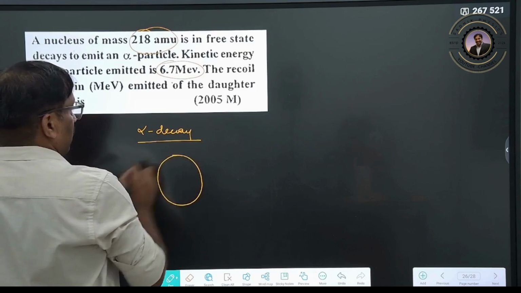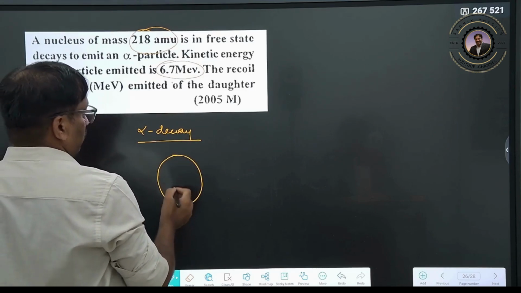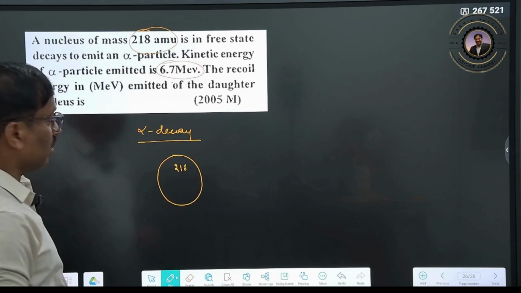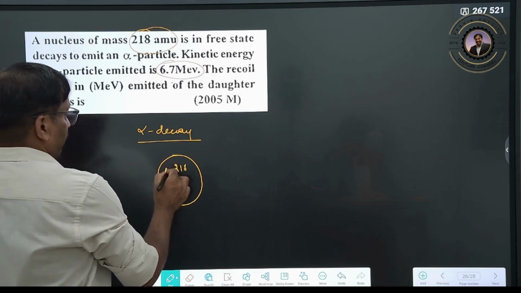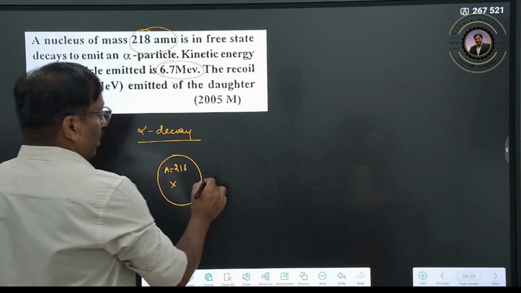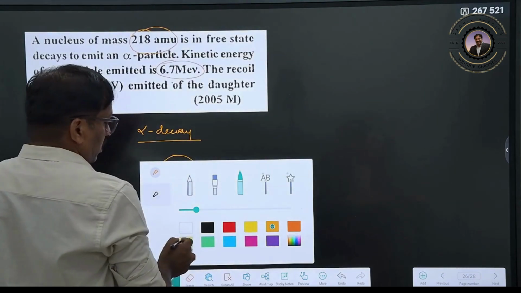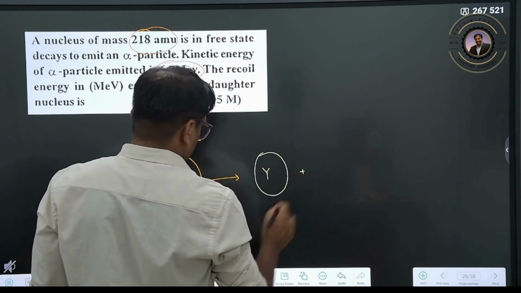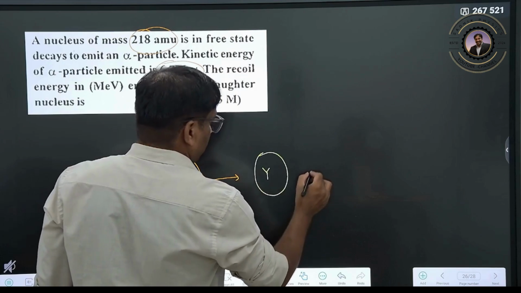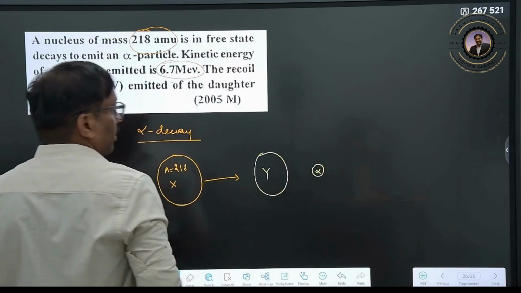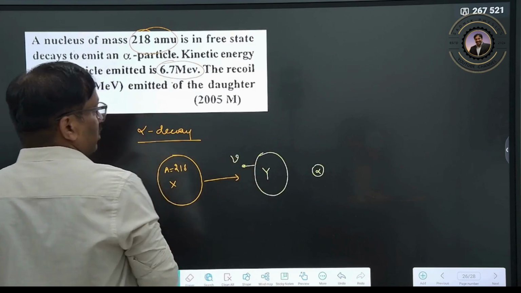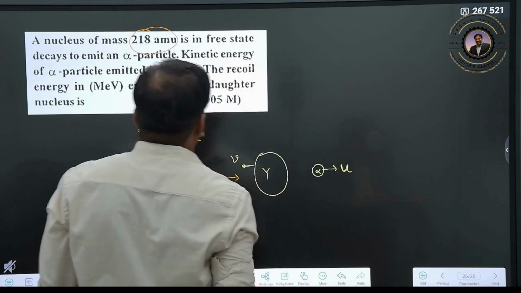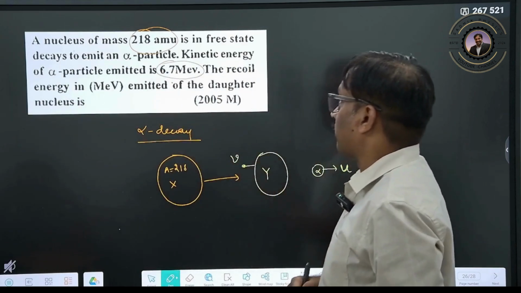There is a nucleus of mass 218 AMU, say some element X. This X element splits into two parts: one is a Y element, plus another much smaller element, the alpha. The daughter nucleus has some recoil velocity, V, and the alpha is going with some velocity u. But we are given the kinetic energy of the alpha particle.